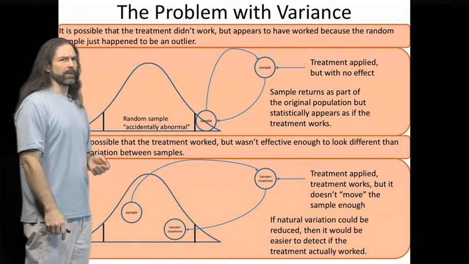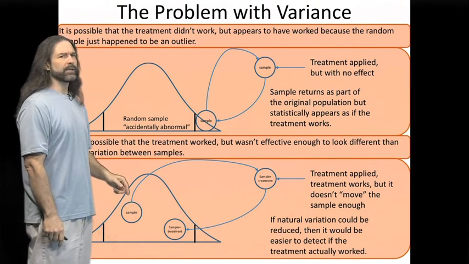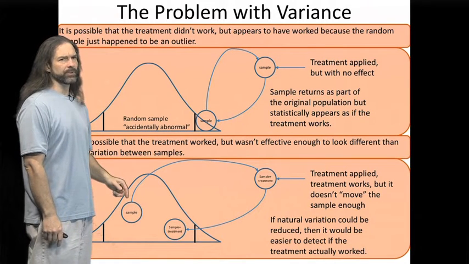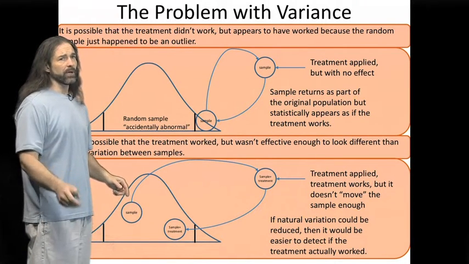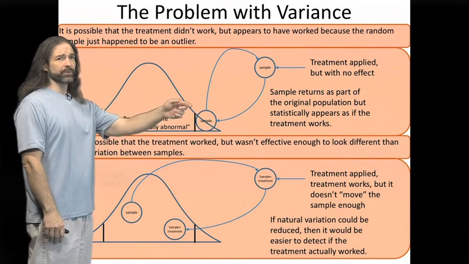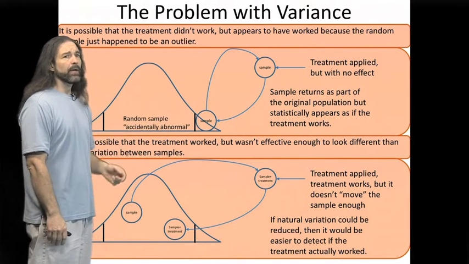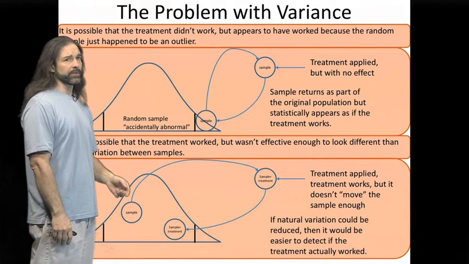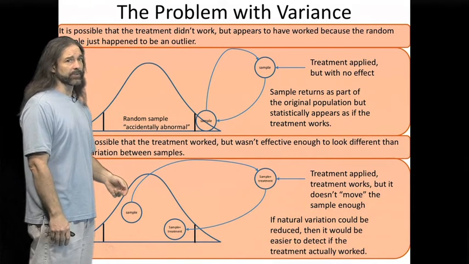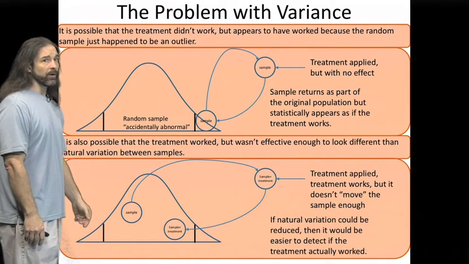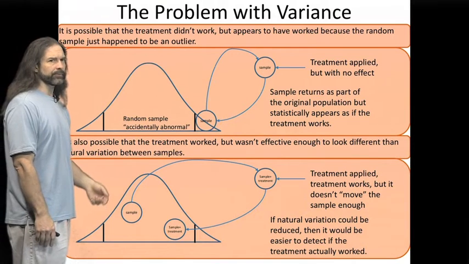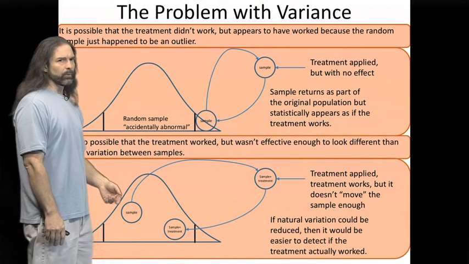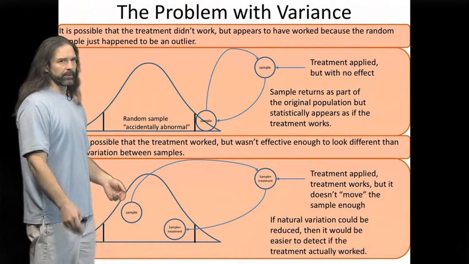Another situation, again, is that when we randomly pick a sample from the original population, remember that sample could come from anywhere. It could come from the extreme range, as indicated here. It could come from the center of the distribution, but slightly to the negative side. It could even come from the significantly negative side, but for now we'll stick with this. Let's say we have a sample. These are regular individuals.